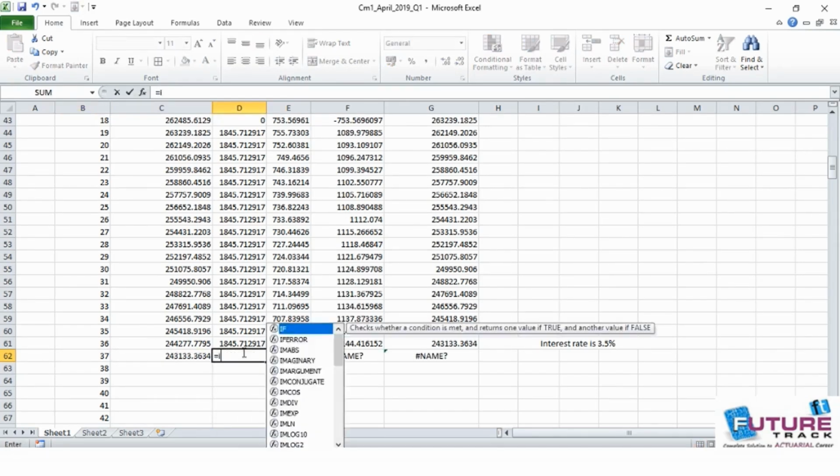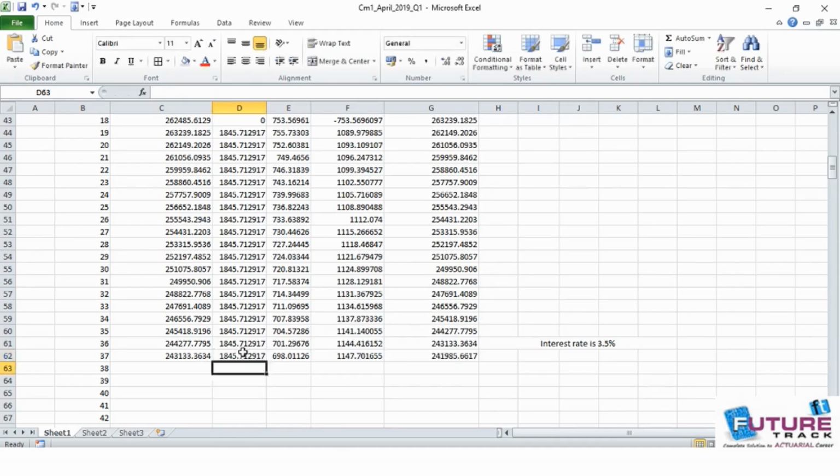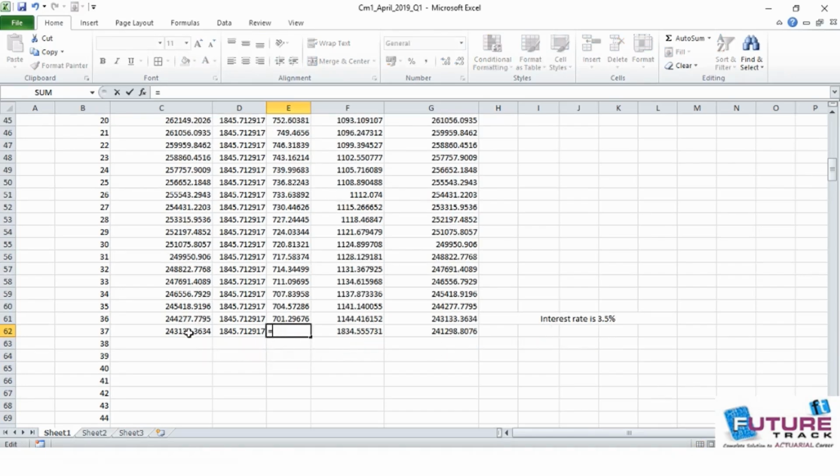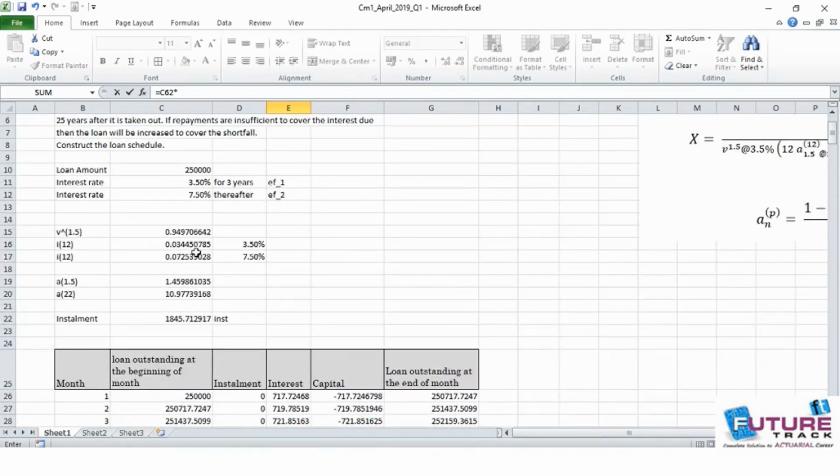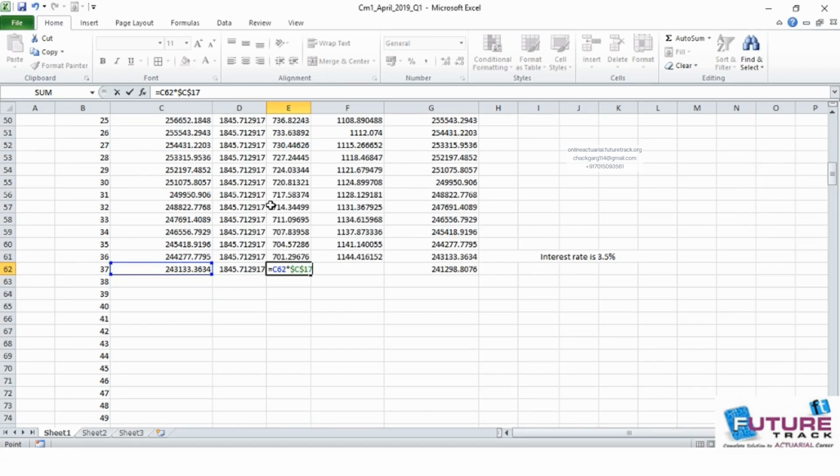So at the beginning of the second month, this is my loan outstanding. We have not paid further, zero installment. Interest is this. Again, for the first 18 months, we have this part. Please apply the dollar sign divided by 12.